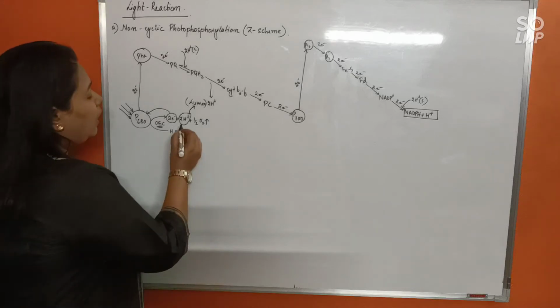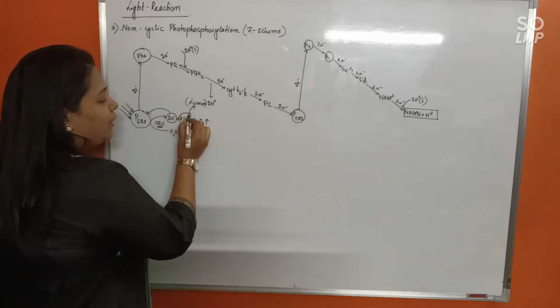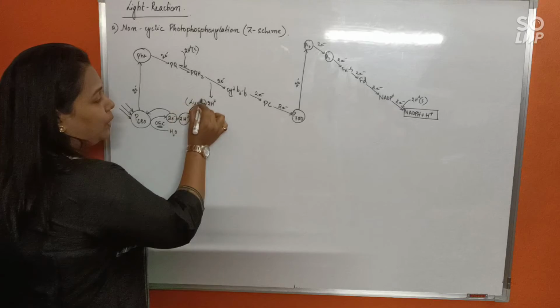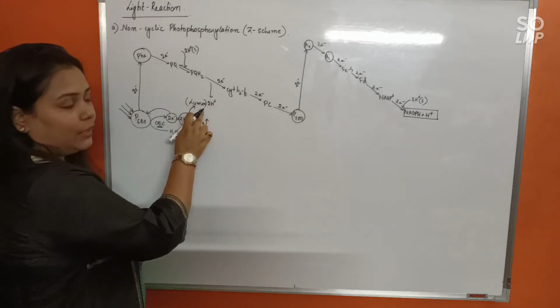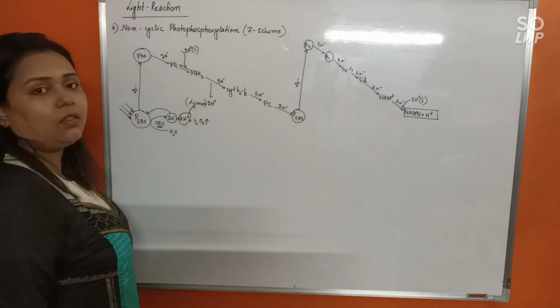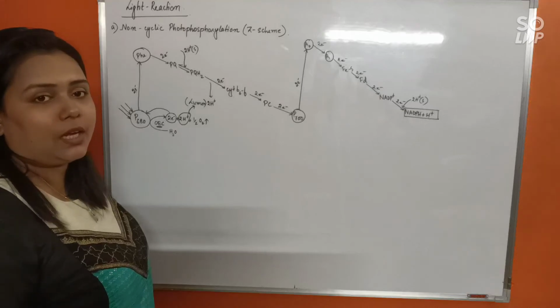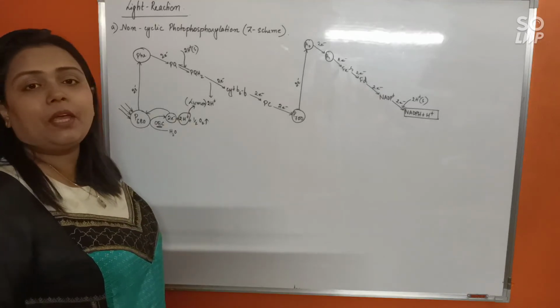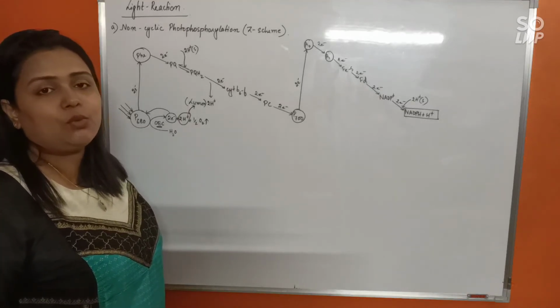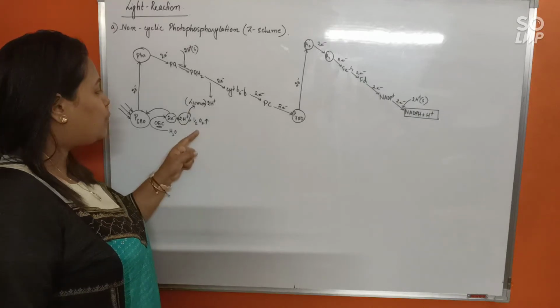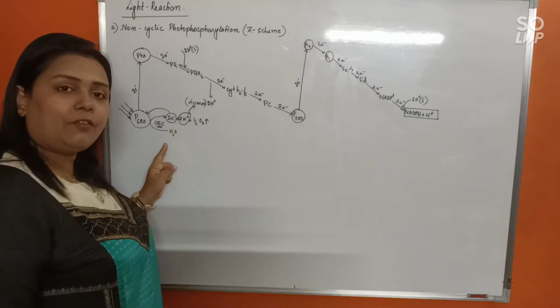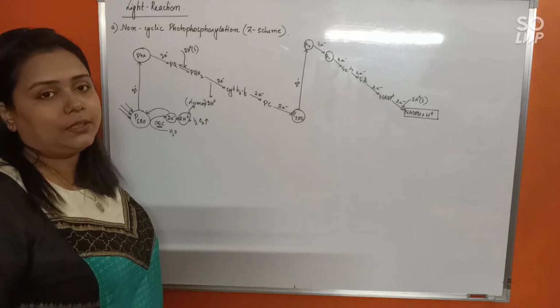The 2 protons simply accumulate in the lumen of the thylakoid, and the oxygen, being the byproduct, will be released outside. So this is the step in which oxygen is released during photosynthesis, and the oxygen is of course coming from water, not from carbon dioxide.